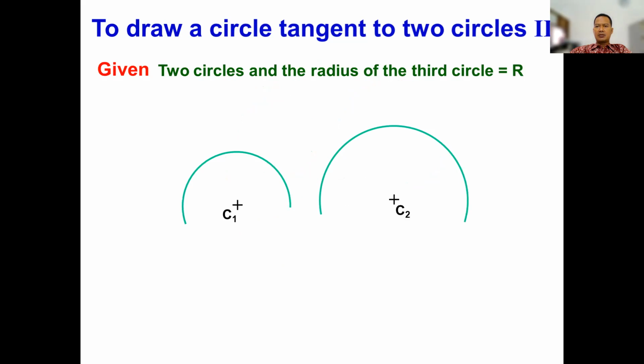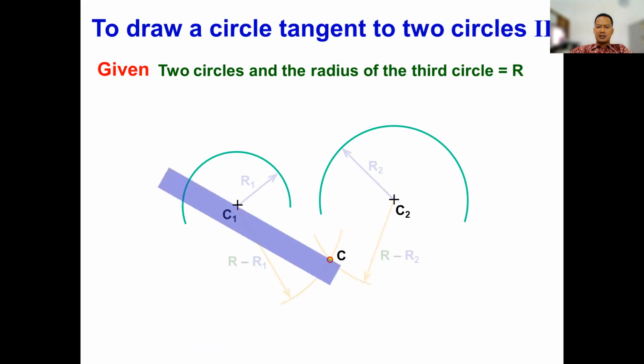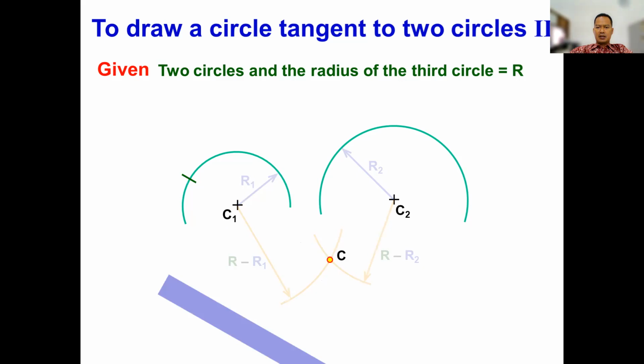To draw a circle tangent to two circles with the given two circles and radius of the third circle is R. So we can see here we have R1 and R2, and then R minus R1, also R minus R2 to find the intersection point of C, and then make a straight line through C1 to C to find another intersection point in circle 1 and also intersection line in circle 2.